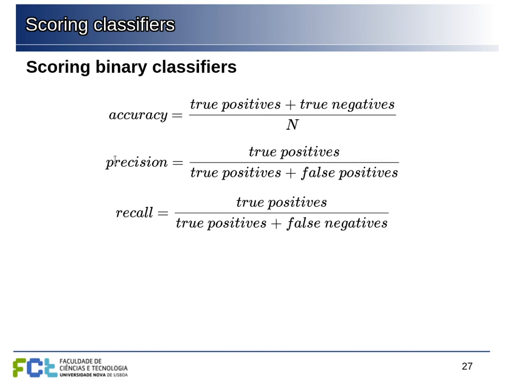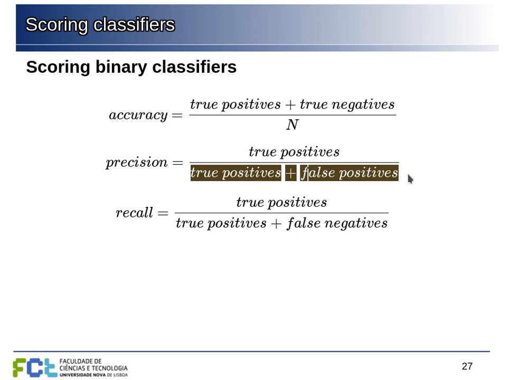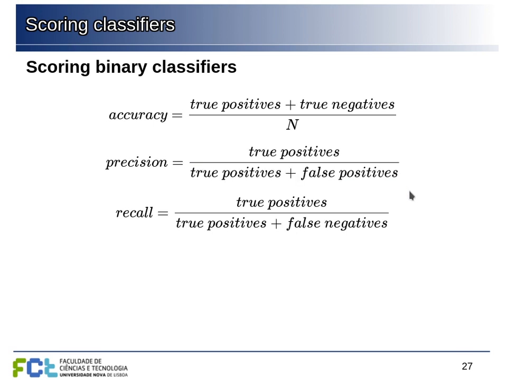So precision is the fraction of true positives that we have in all the examples our model is telling us are positive. If precision is high, it means that when our classifier tells us that an example is positive, then we can be very confident that the example is positive. We have a very precise classifier in that sense.